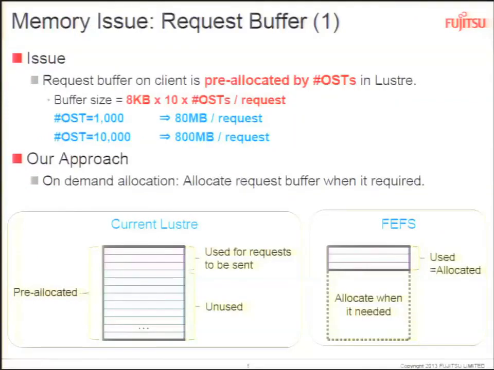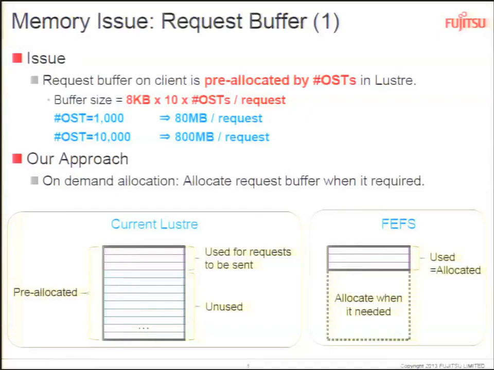So, for example, let me take three examples. I took this slide from SC, but I will cover it briefly. The issue is that the reallocation buffer on the client is pre-allocated by the number of OSTs in Lustre.